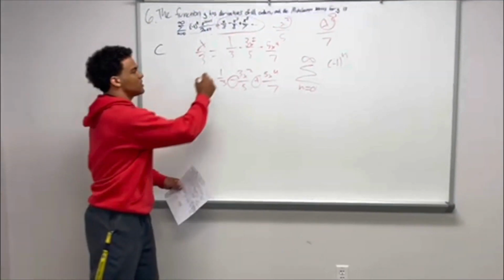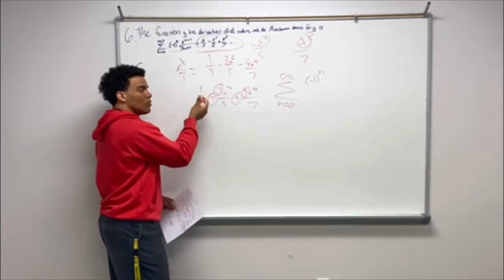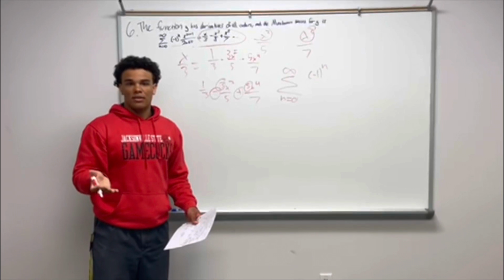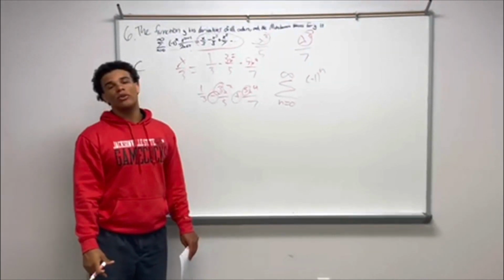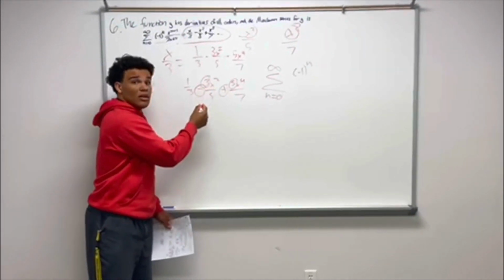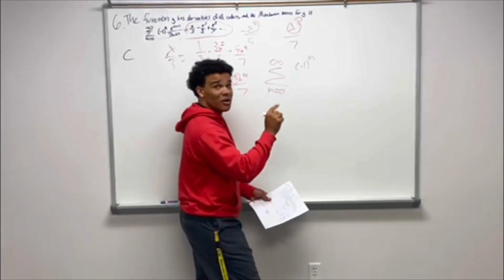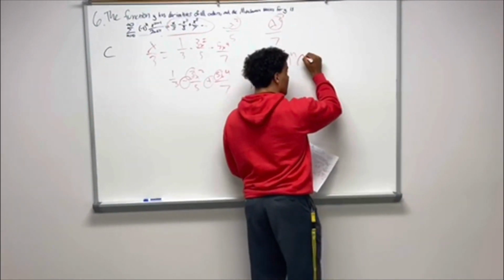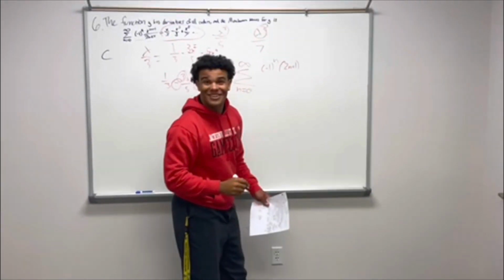So let's focus on this constant here first. It increases by 2 every time, right? So we're gonna use one of our fancy equations, 2n plus 1, right?